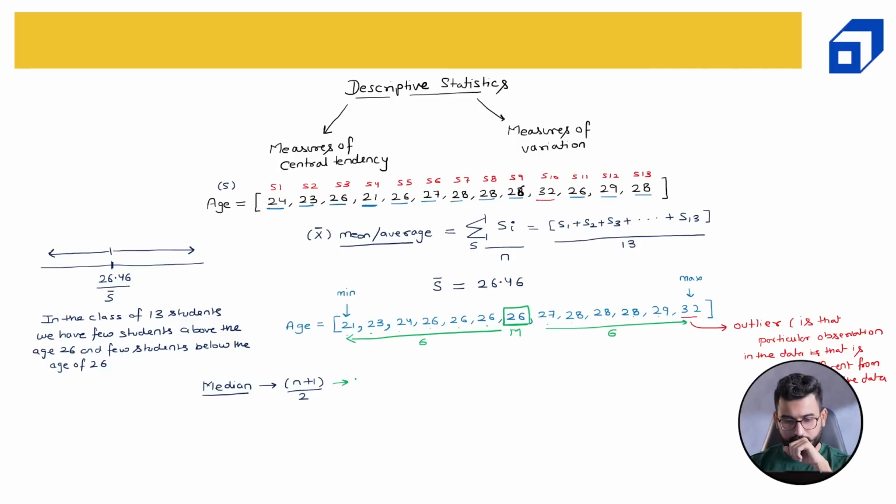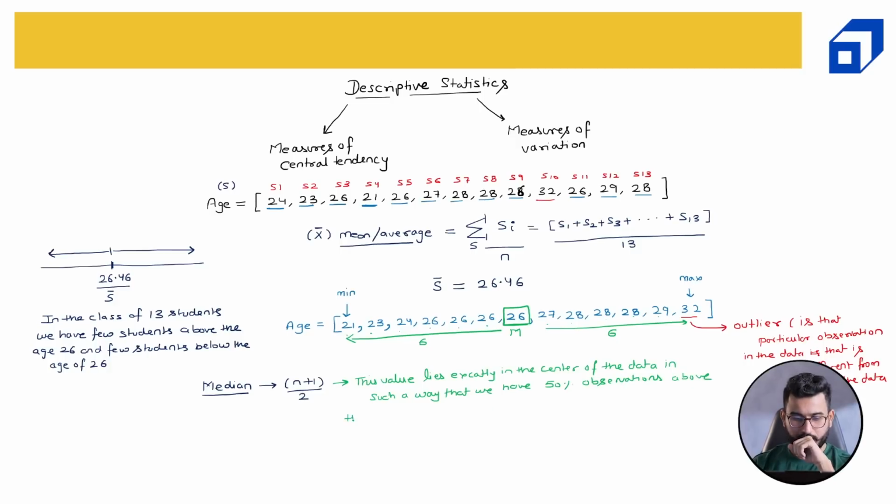So what is median? This value lies exactly in the center of the data in such a way that we have 50% observations above this point M, and 50% observations below this point M. So median describes the center of the data such that 50% of the data is below this point and 50% of the data is above this point.